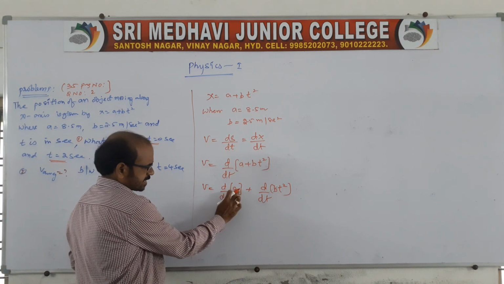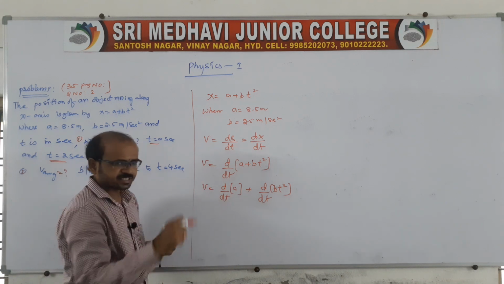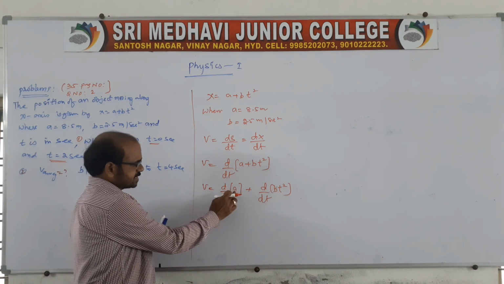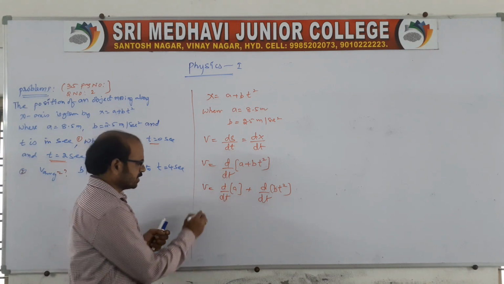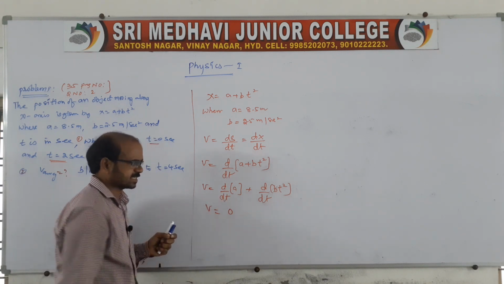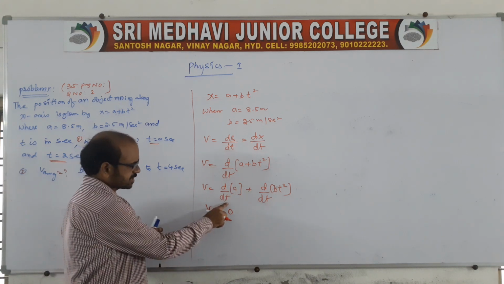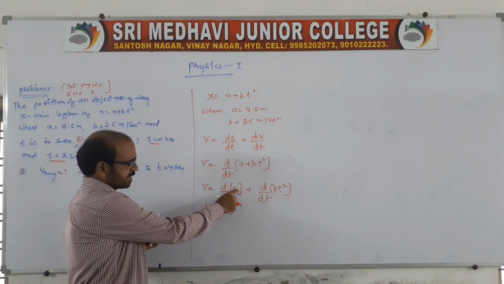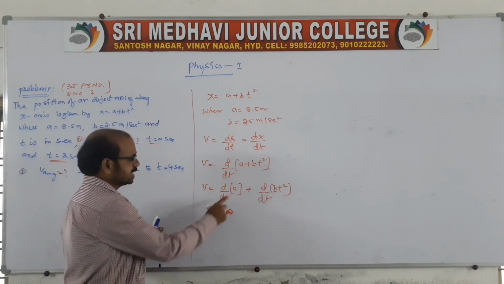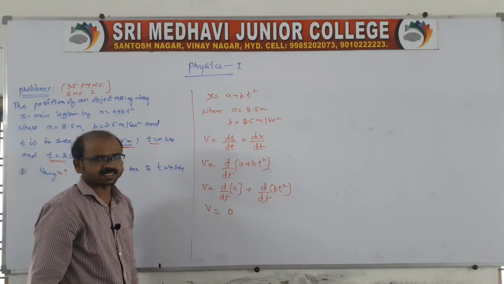At this a there is no t, and we are differentiating with respect to time. The derivative of a constant is 0, because it is a constant.